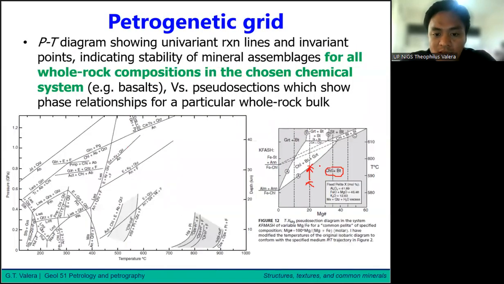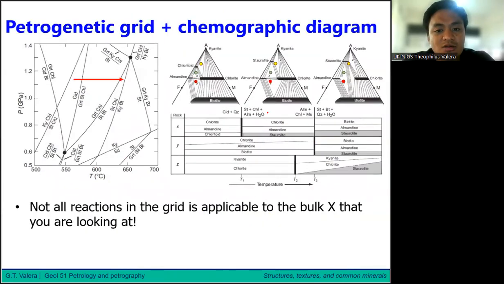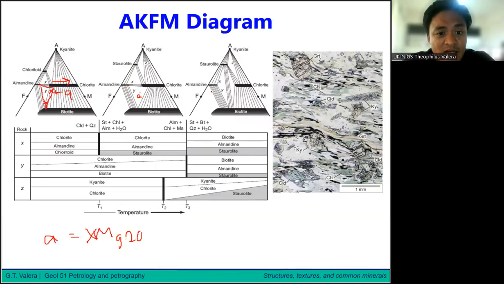Next, if we further increase the temperature, eventually it intersects the point wherein garnet and chlorite react to form staurolite and biotite. Where is that here? Garnet and chlorite react to form staurolite and biotite. So the earlier almandine and chlorite tie line is superseded by a new tie line like this.